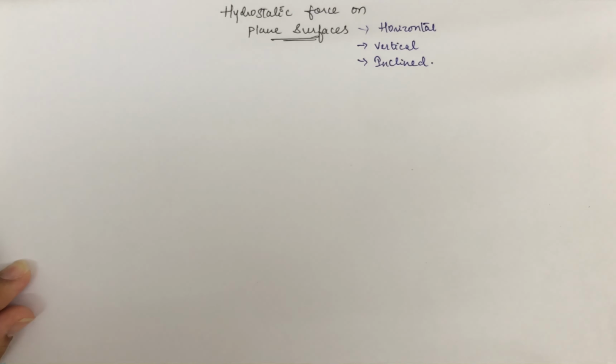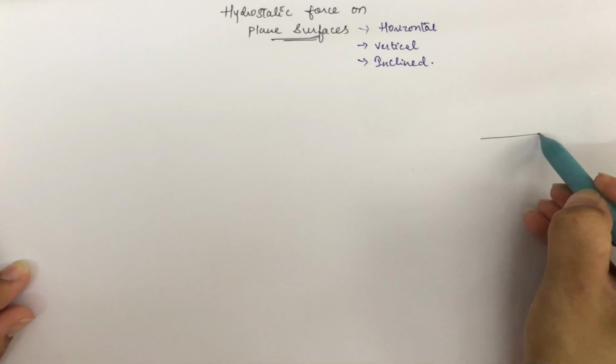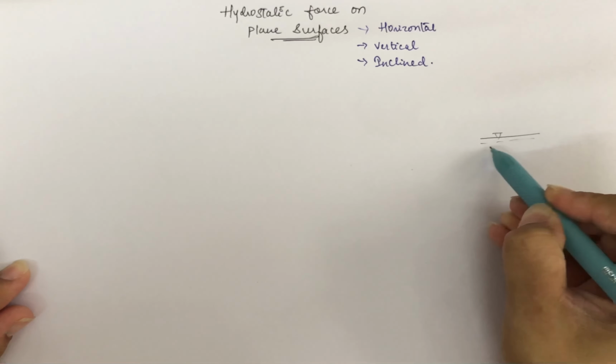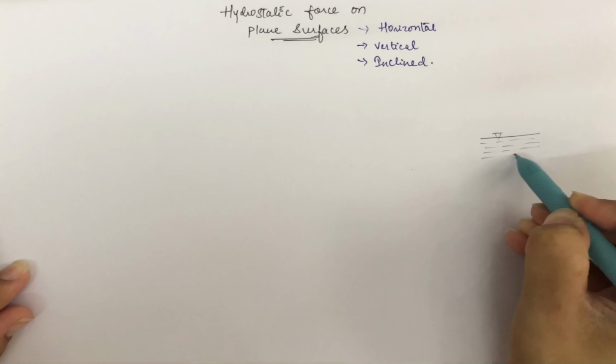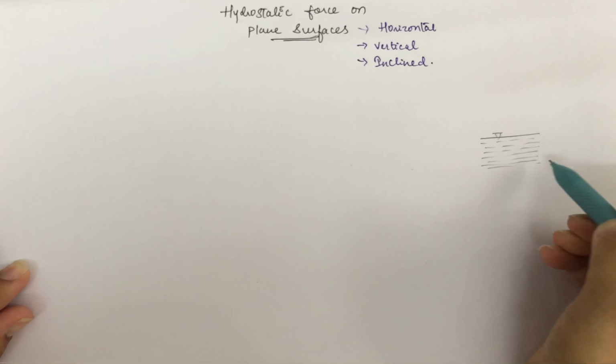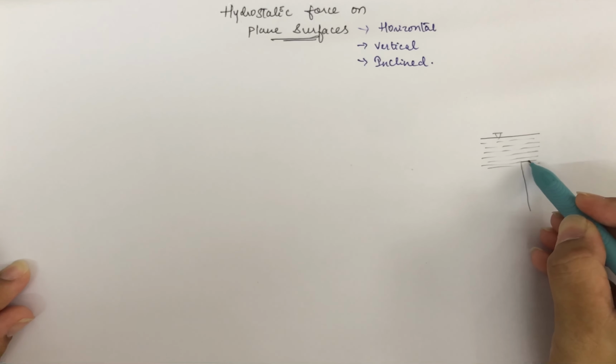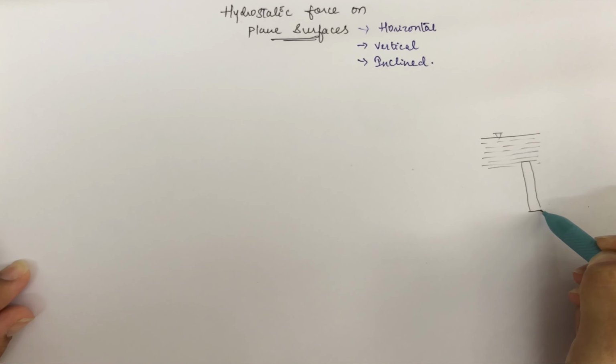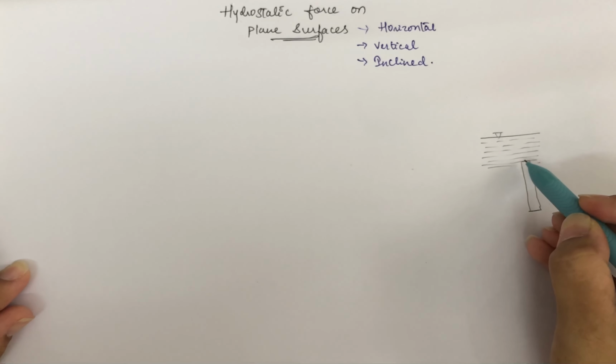Okay. Now let us understand it with an example. So let us consider this as a surface of water, and below this water a vertical surface is present with some cross sectional area.